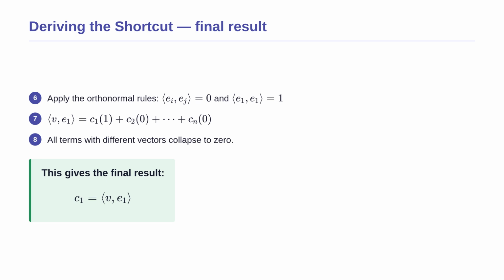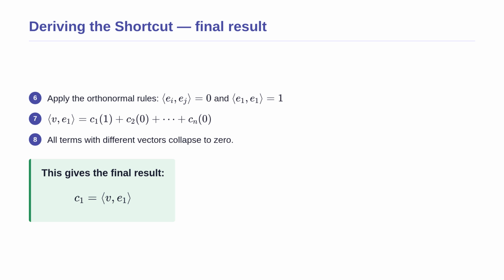Continuing our derivation, we now apply the strict rules of our orthonormal basis. Remember, the inner product of different vectors is 0, and the inner product of a vector with itself is 1. So every single term where the vectors are different instantly collapses to 0 and disappears.